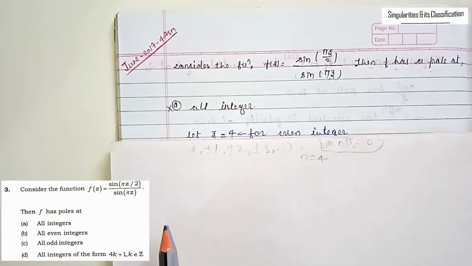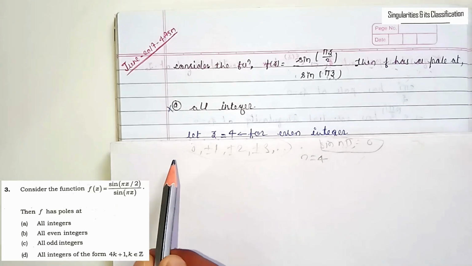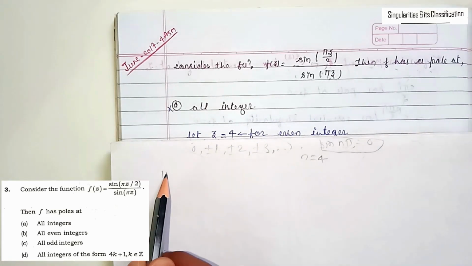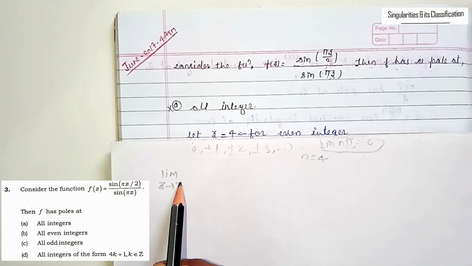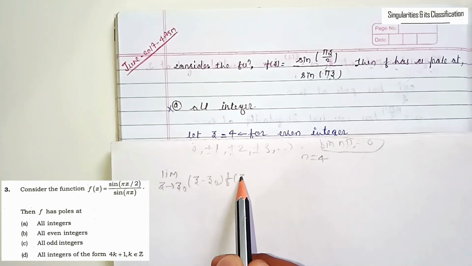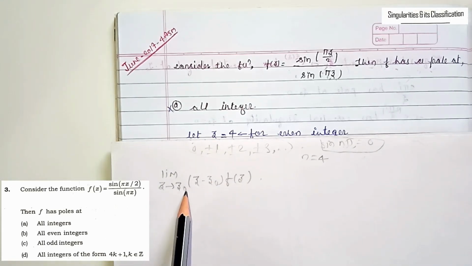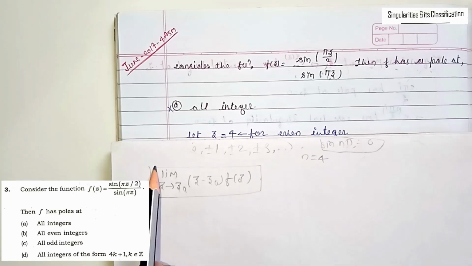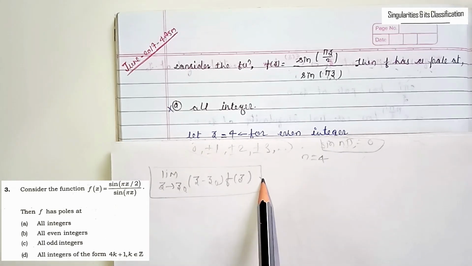And how do we check whether our function possesses a pole, a removable singularity, or a non-isolated essential singularity? To show a pole, we use the limit as z tends to z naught, where z naught is a pole, of (z minus z naught) into f(z). So to show whether our function has a pole or not, we use this result.